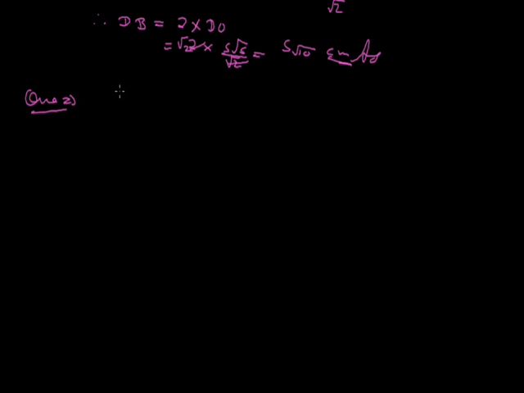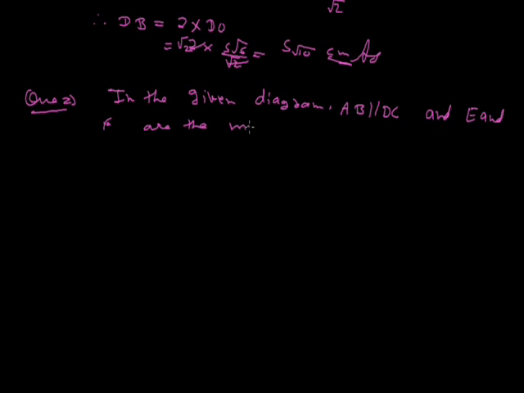Question number 2 is: in the given diagram, we are given a diagram of a trapezium. AB is parallel to DC. We know that in a trapezium, two sides are parallel, so AB is parallel to DC, and E and F are the midpoints of the diagonals.